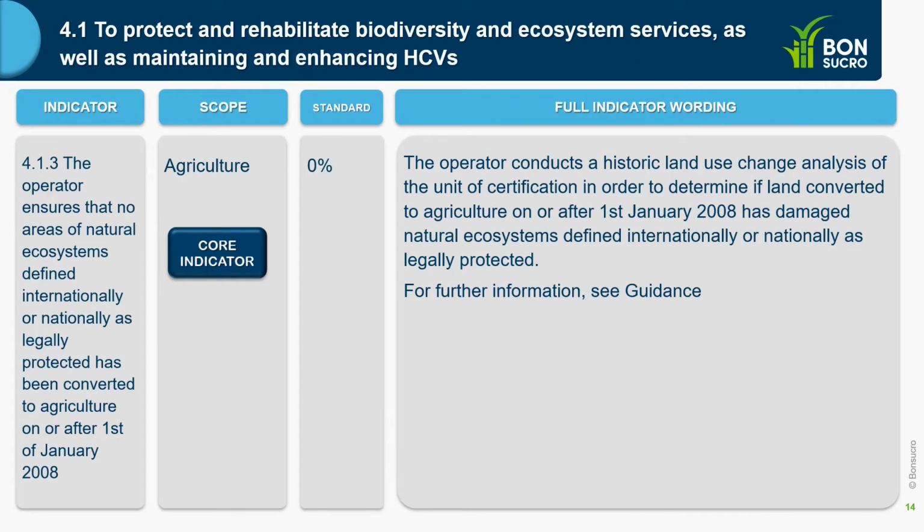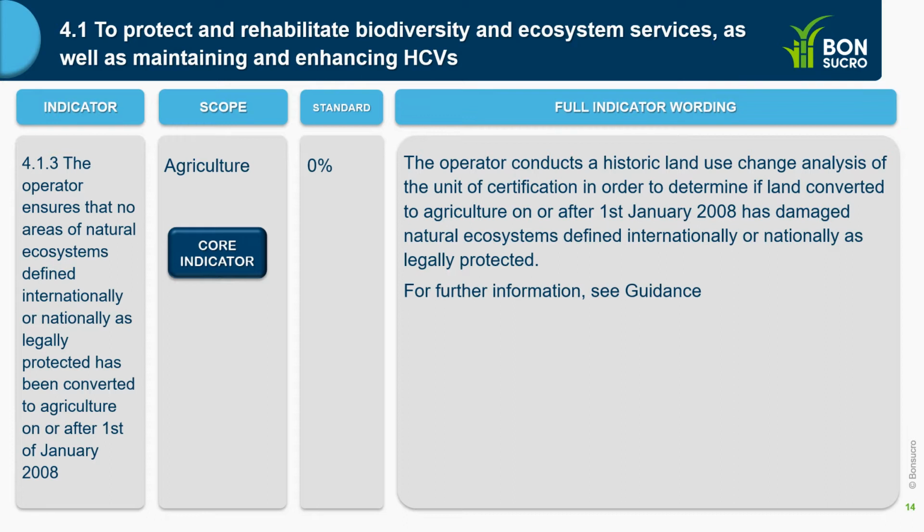Now in 4.1.3, the indicator says that the operator ensures that no areas of natural ecosystem defined internationally or nationally as legally protected have been converted to agriculture on or after 1st of January 2008.